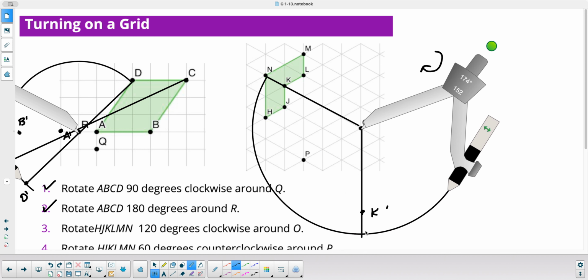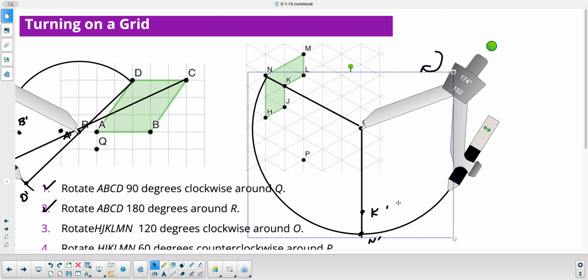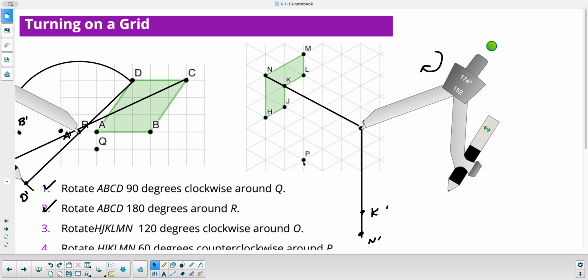Here's my N prime. Let's do my other points here, my J and my K. These ones I might have to use a protractor on. Let me get rid of these to just kind of clean this up a little bit.